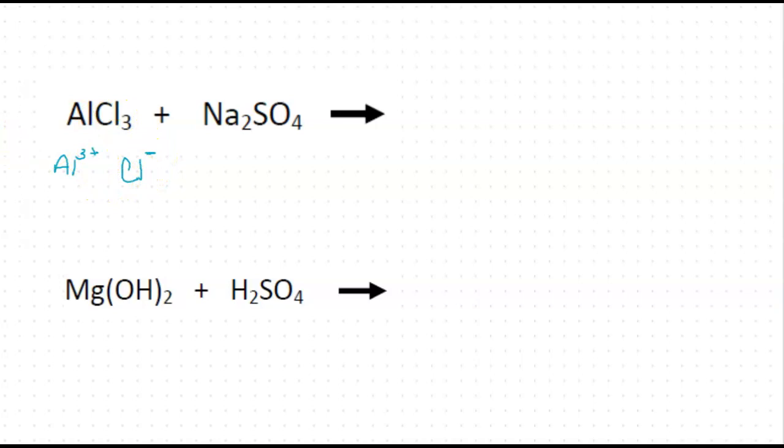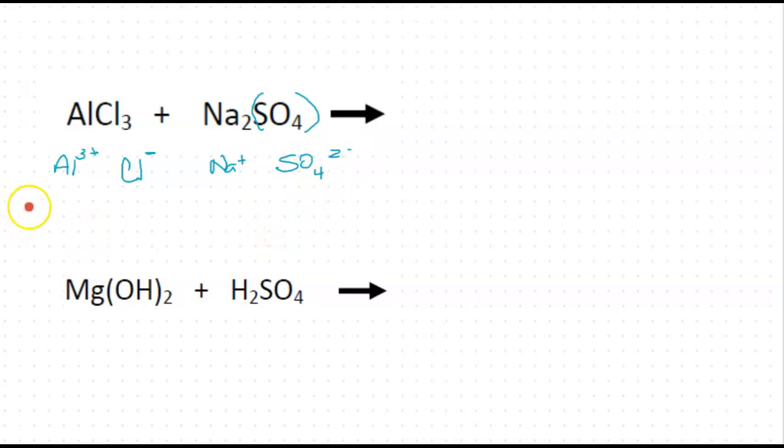Then I come over to the sodium sulfate. So this is sodium sulfate, and again, you break the cation off of the front. So I have sodium ions with a +1 charge, and sulfate is SO4, and it's one polyatomic ion. That's on your ion sheet that's on the back of your periodic table.